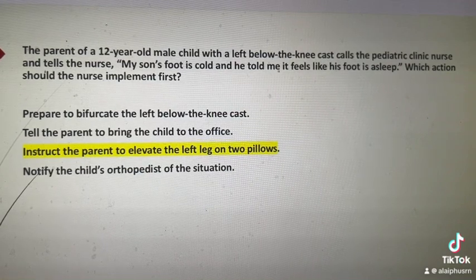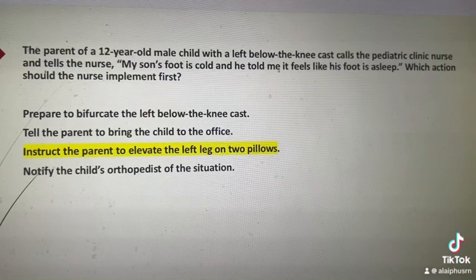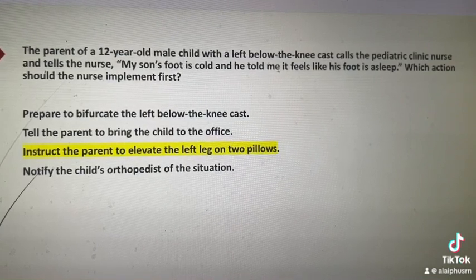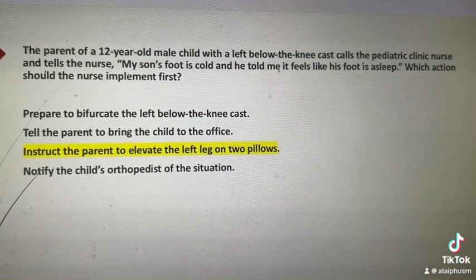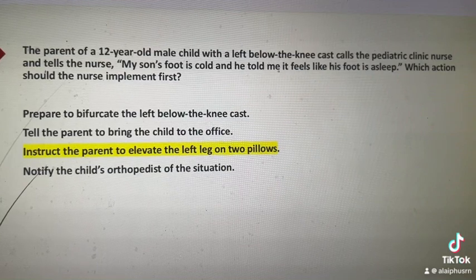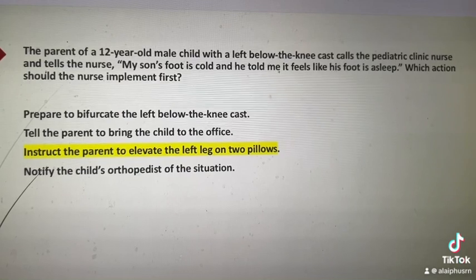Now, what are the symptoms of compartment syndrome? The 5 P's, as we call it: pain, pallor or pale skin tone, paresthesia or numbness, as expressed by the mother when she says the foot is asleep, pulselessness or faint pulse, and paralysis, which is kind of a late sign, weakness with movements.